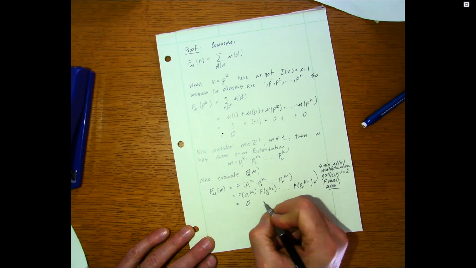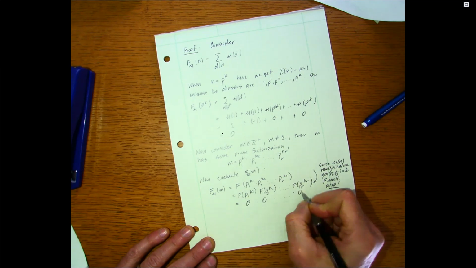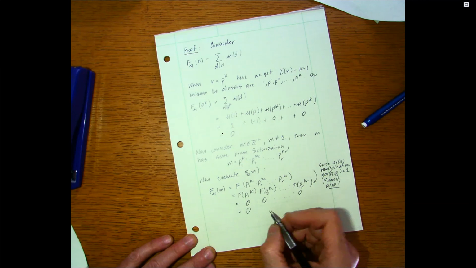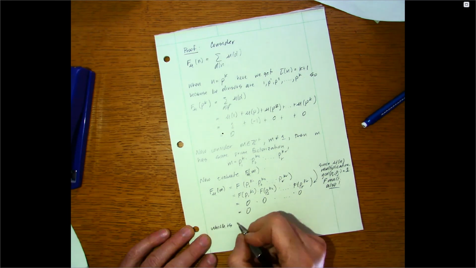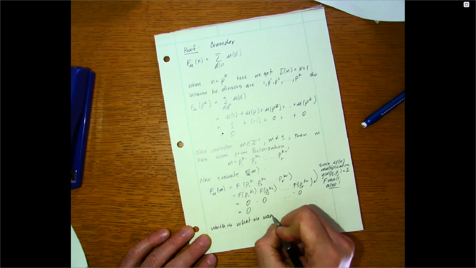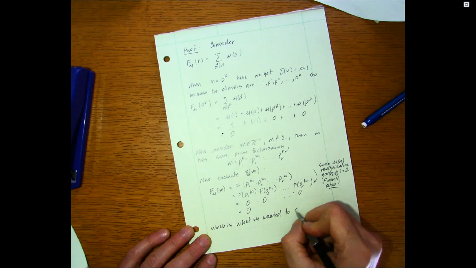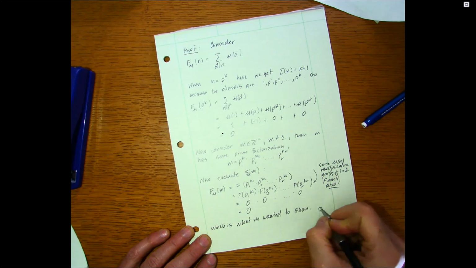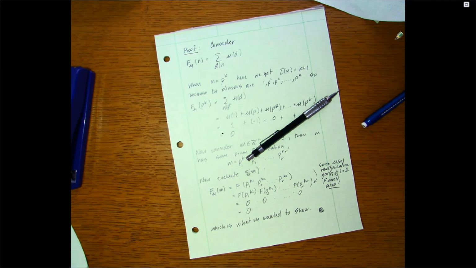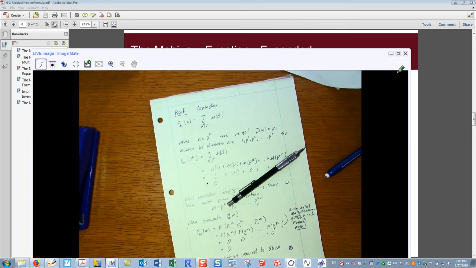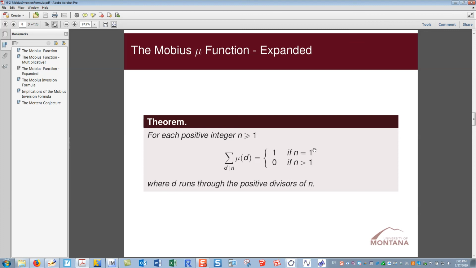So this is a 0 times a 0 times a 0. So here we get 0 as our answer, which is what we wanted to show. So indeed, the sum across the divisors is always valued at 0, unless, of course, the number in question is 1. Kind of an interesting property of this Mobius mu function.